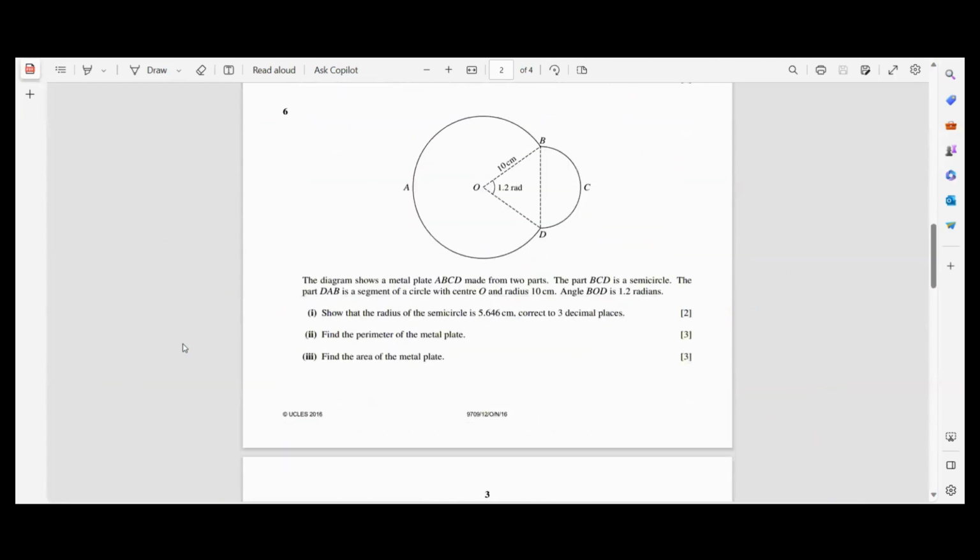Okay, let's go to number 6. Number 6, we have this diagram, and it asks us to show that the radius of the semicircle is this. Okay, so we have to find the radius of this semicircle.